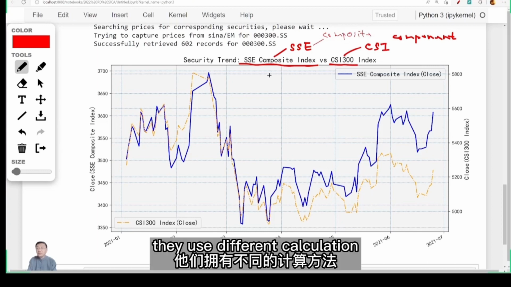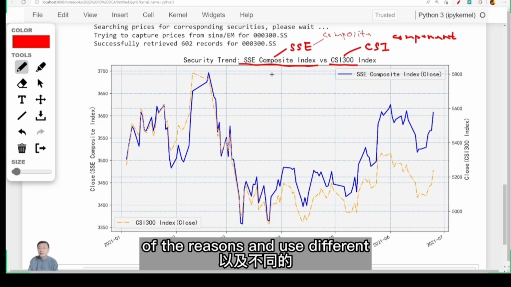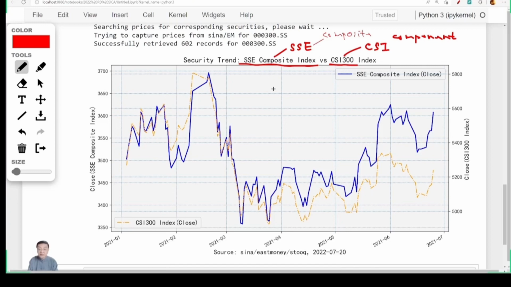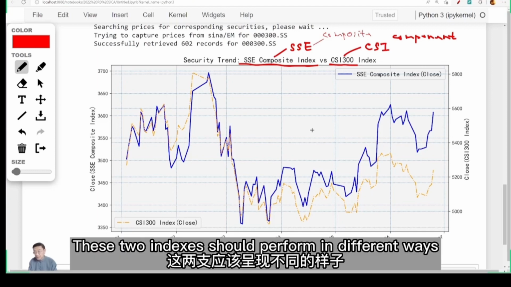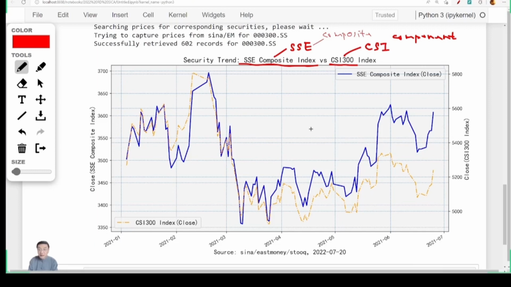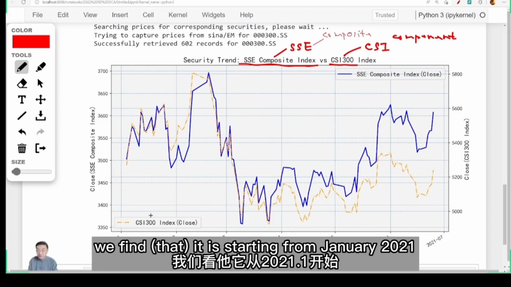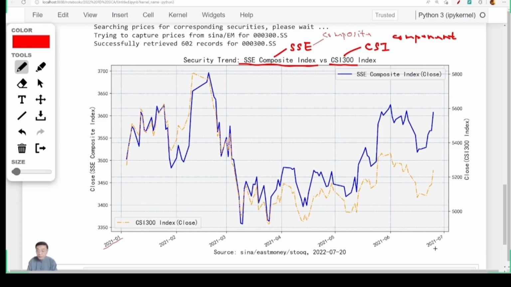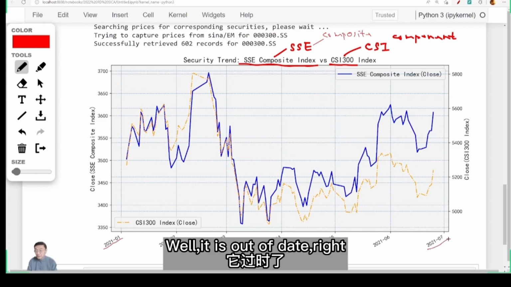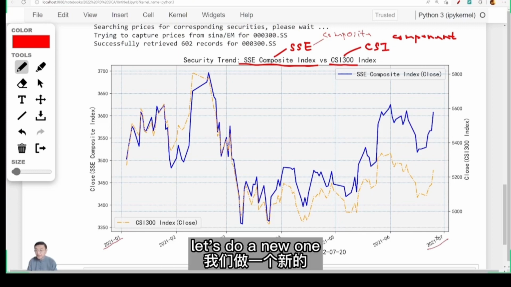Although they use different calculation algorithms and different component stocks, these two indexes should perform in different ways. However, when we look at this picture, we find it starts from January 2021. Well, it is out of date, right? Let's do a new one.